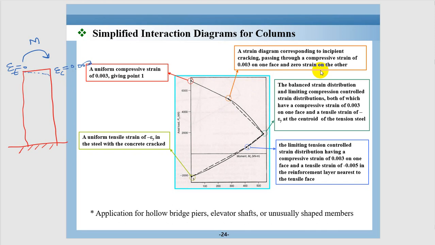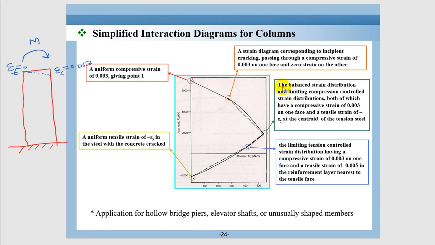The other side of the section right here indicates the tensile side of the column. And here again we have 0.03, which doesn't change, but on this side the tension will reach epsilon y, which is the yielding strain for the bar.